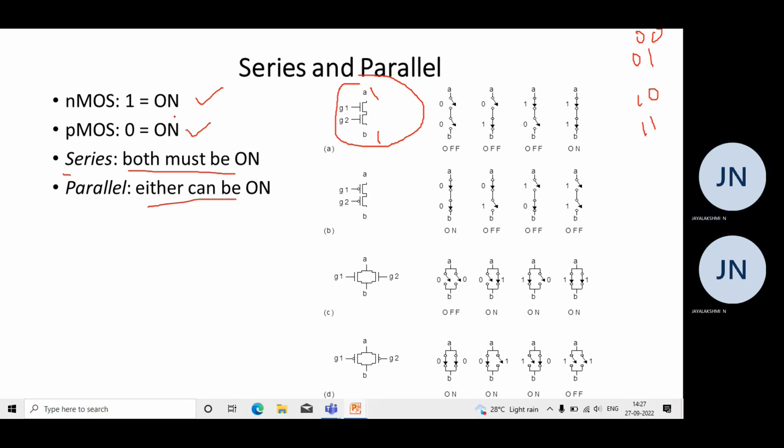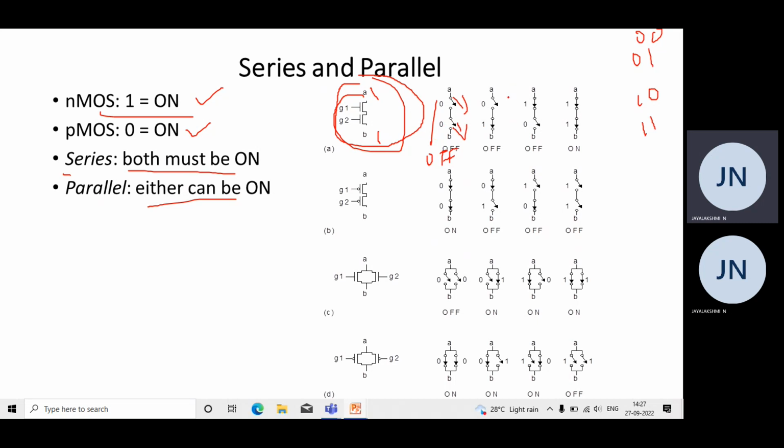As we know, whenever you are supplying 1, only then the NMOS should be on. This is an NMOS transistor, but here we are supplying 0. At that time, it should be an open circuit. So that's why it is off. In series both must be on. Here, both are off, so it is off only.